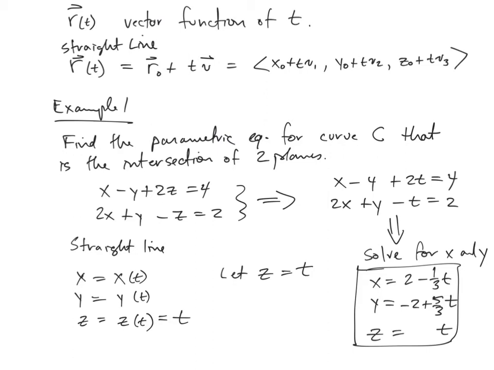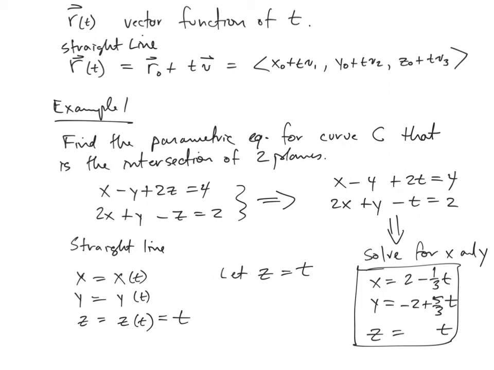I can double check my work simply by putting these expressions for x, y, and z back into both of the plane equations. They should satisfy them. If they don't, you know you've made an error. If they do, then this is the line which satisfies both of them. It's the line of intersection.